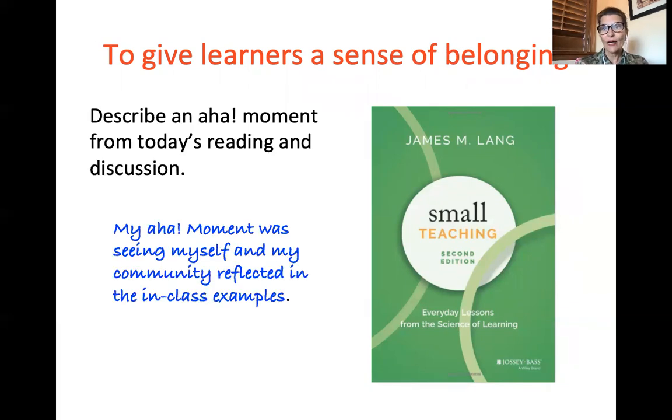So here's a prompt I actually asked in a class: describe an aha moment from today's reading and discussion. And here's an answer I got from one of my students. My aha moment was seeing myself and my community reflected in the class examples.